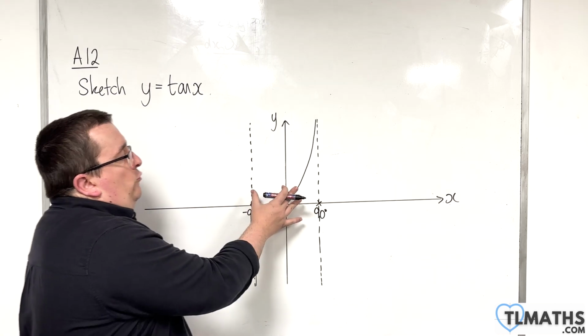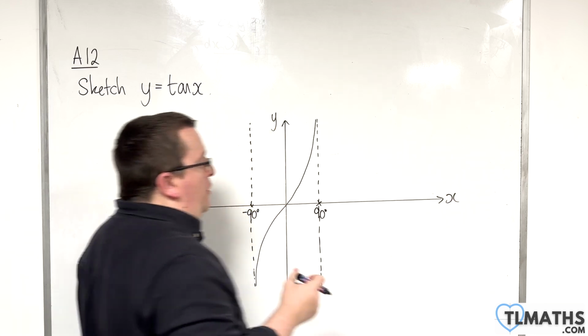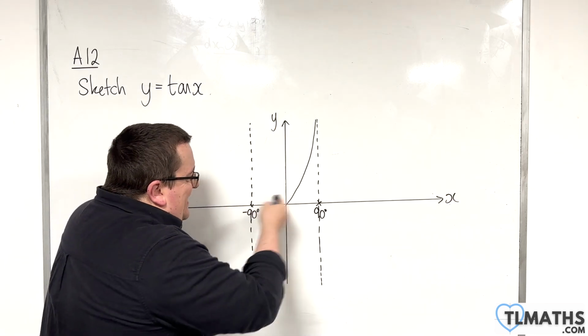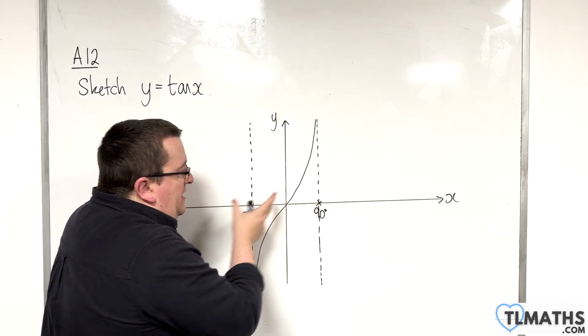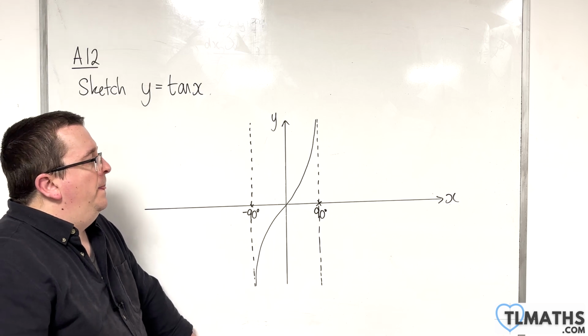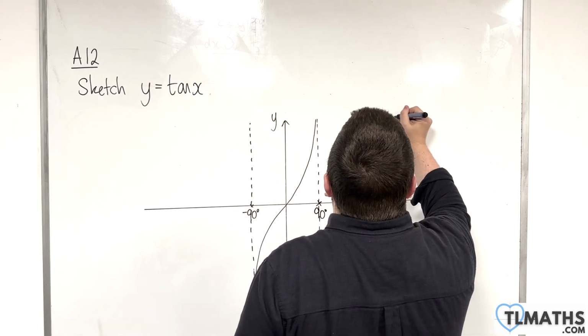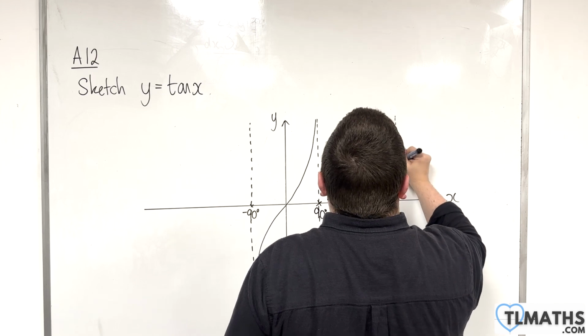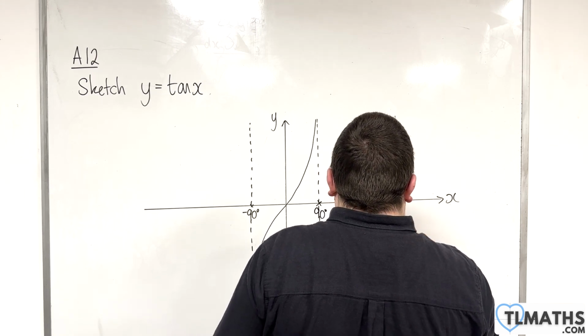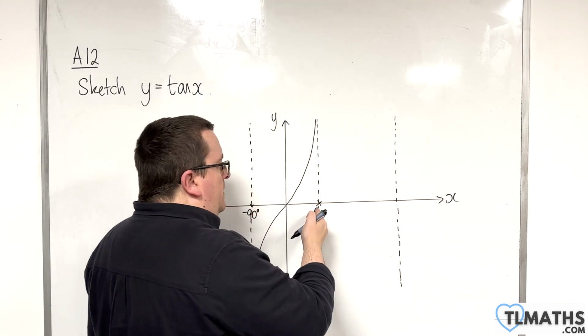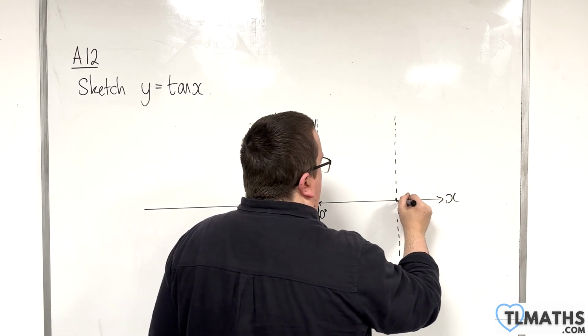And this piece repeats itself over and over again. Now this distance here is 90 plus 90, so 180 degrees. So the next asymptote must be 180 degrees away from 90. So 90 plus 180 is 270.